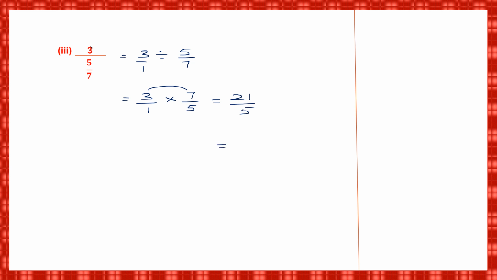As you can see, this is an improper fraction. We'll convert it to a mixed number. 21 divided by 5. 5 fours are 20, minus 1. Now this we can write as 4 1/5. So here our answer will be 4 1/5.